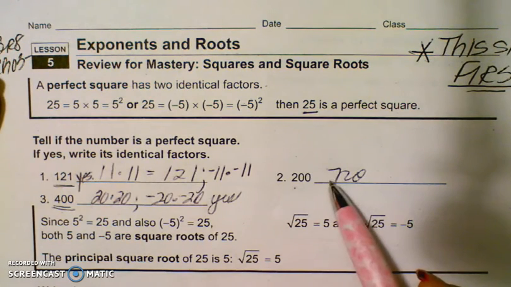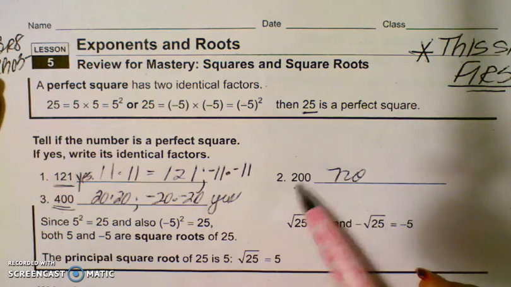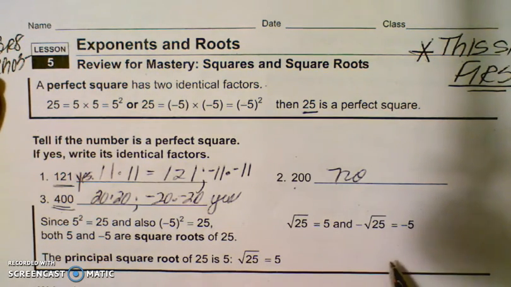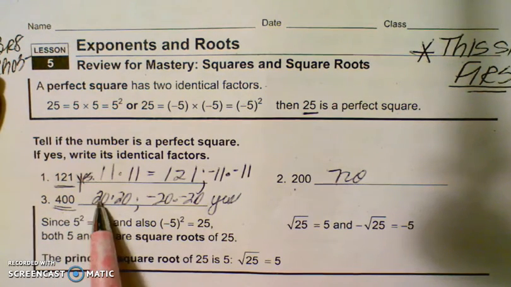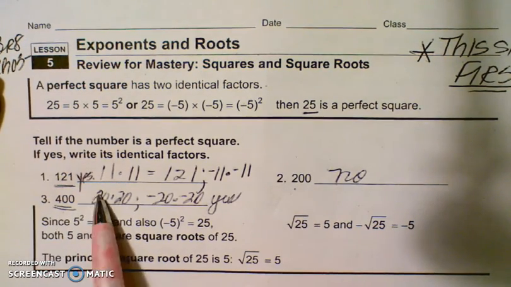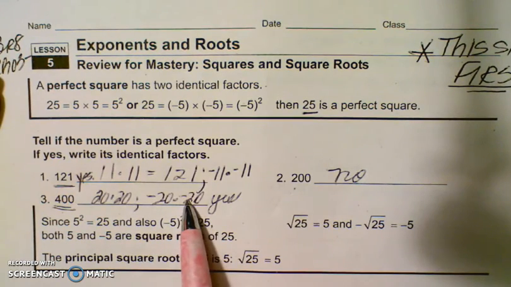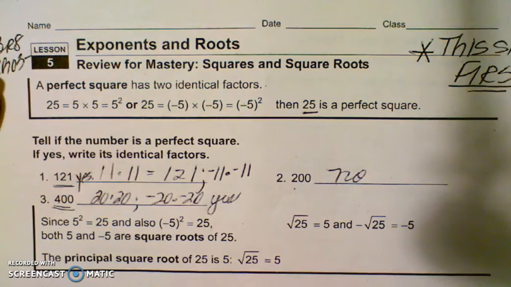So there are no two identical factors we can multiply together to get 200. Therefore, 200 is not a perfect square. Let's look at 400. There are two identical factors we can multiply together to get 400. 20 times 20 is 400, and negative 20 times negative 20 is 400. So therefore, 400 is a perfect square.